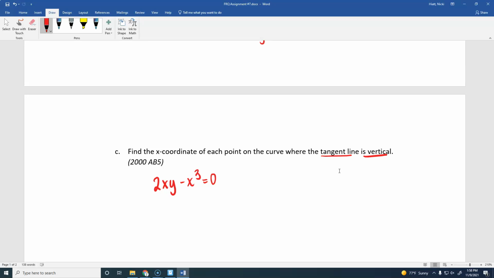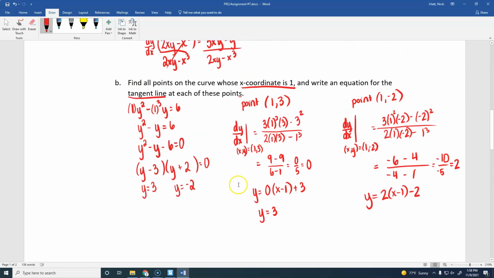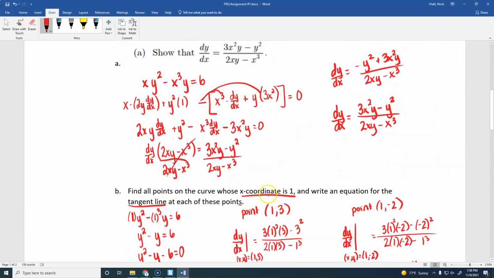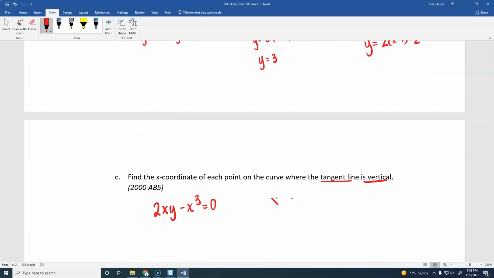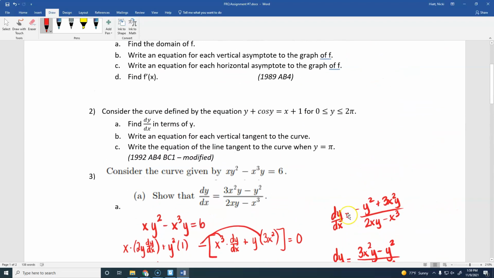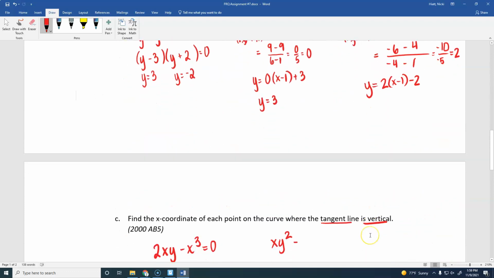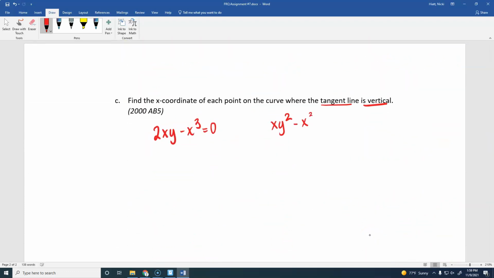So we know that this would have to be true, right? We also know x and y are points on the original equation, right? So this has to be true for us to have a vertical tangent line. And for this particular problem, it always has to be true that xy squared minus x cubed y equals 6.